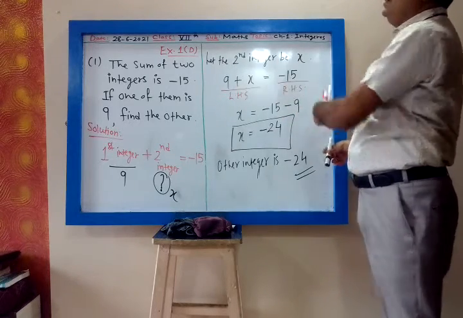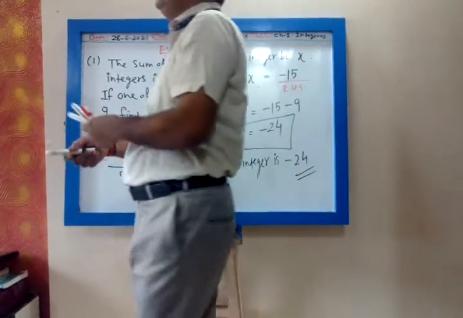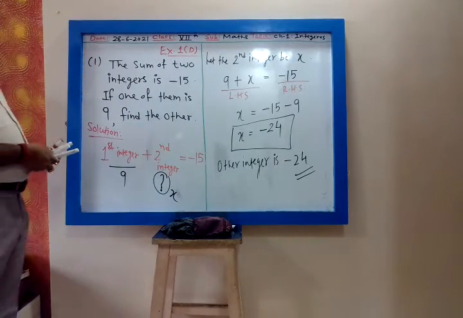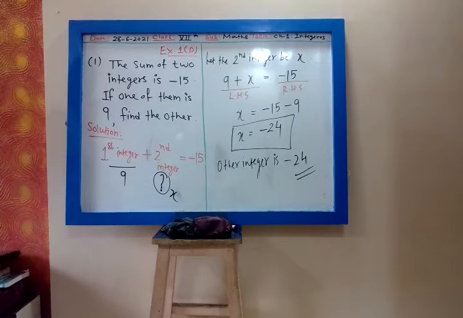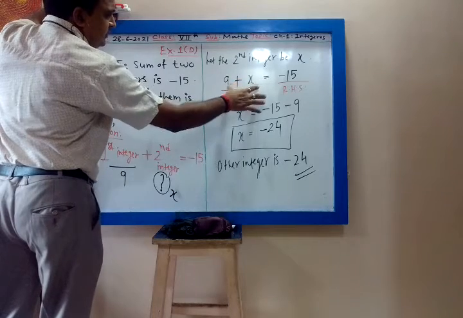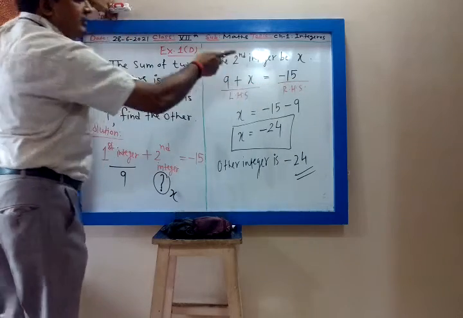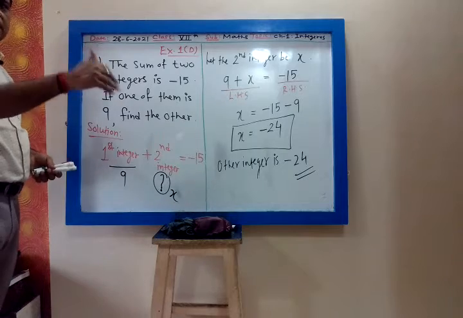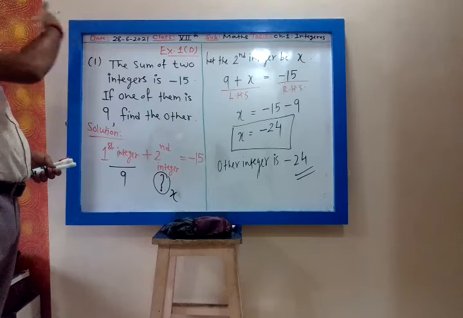So in any equation there are two sides, left side and right side. Before the equal to sign is the left side, after it is the right side, and whenever we change the side of any number, the sign changes. Plus becomes minus, minus becomes plus, multiplication becomes division, and division becomes multiplication.